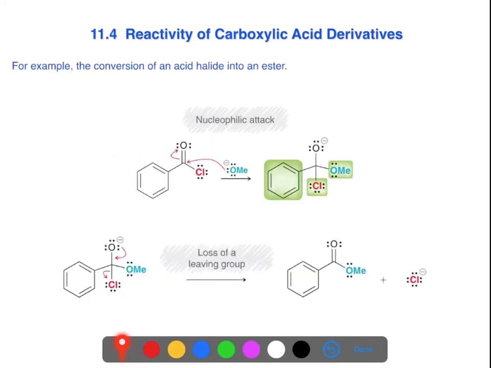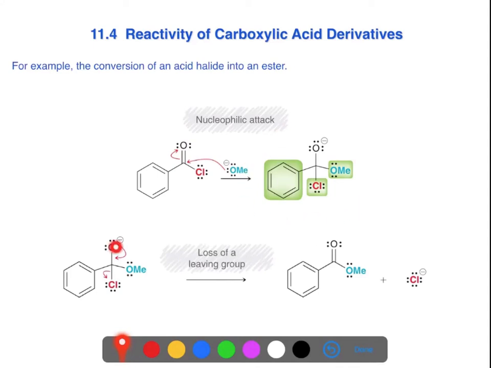Now here's one example, converting an acid halide into an ester. In this reaction, the nucleophile is an oxide. Here we see methoxide being used. Again, the acid halides are very reactive because of how stable the chlorine atom is as a chloride. And so we have nucleophilic attack, break the pi bond, and form our tetrahedral oxide intermediate.